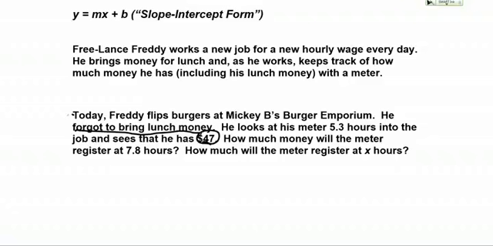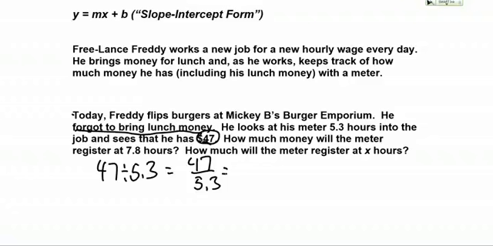So what we'd like to do, this is a division problem. We have $47, and we'd like to find out how many dollars were devoted to each one of those hours. So we take 47 and divide by the number of hours, 5.3 hours, or if you will, a fraction.